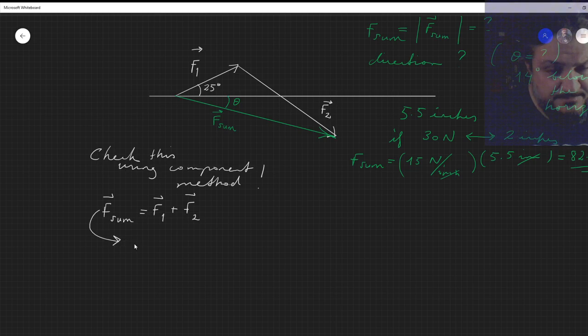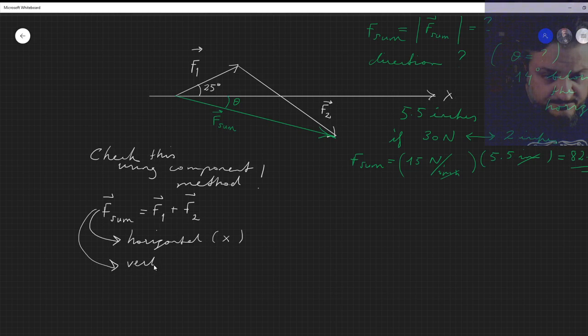One for the horizontal, or sometimes you can call it the x, if you call this axis x, and the other one is for the vertical. These are the components, right? Call it y. So in other words, you get 2 equations out of 1 equation.